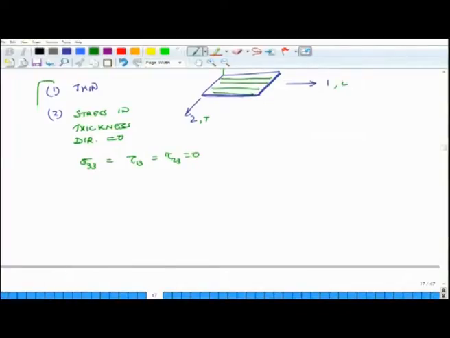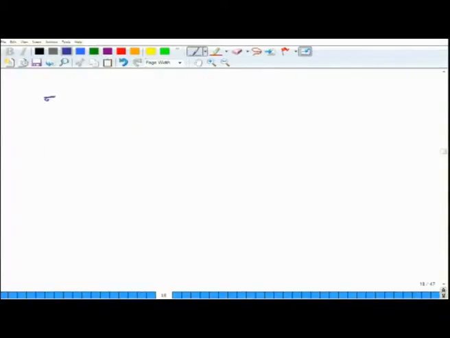So, let us see how many elastic constants such a material has. We develop the stress strain relations for those. We know that for especially orthotropic material, which may or may not be in plane stress, it has 9 constants.